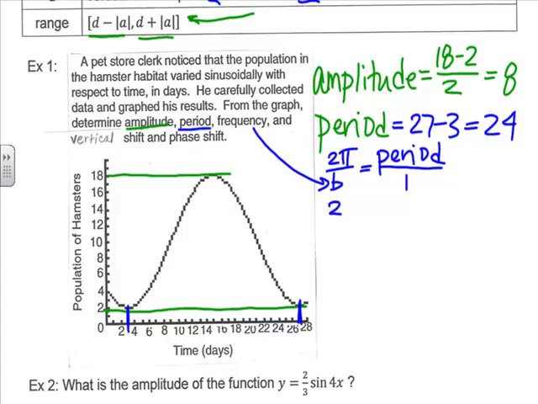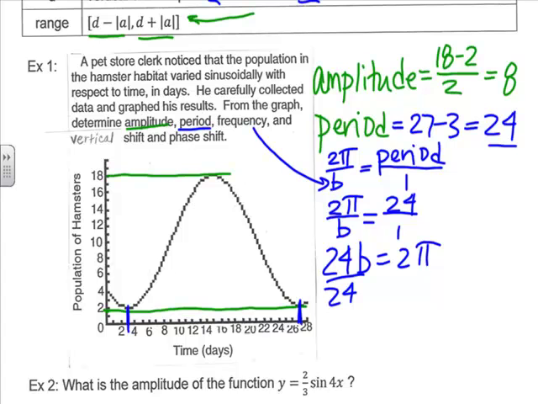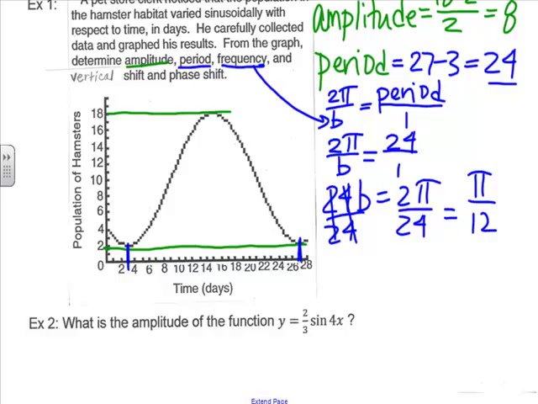I'm going to take 2 pi divided by b and set that equal to the period, which I know to be 24. When I cross multiply, I get 24b equals 2 pi, and dividing both sides by 24, I figure out what my frequency is. 2 goes into 2 once, 2 goes into 24 12 times, so it's pi over 12. That might feel a little odd. It's kind of hard to wrap your head around the frequency being pi over 12, but this is basically just using these relationships.